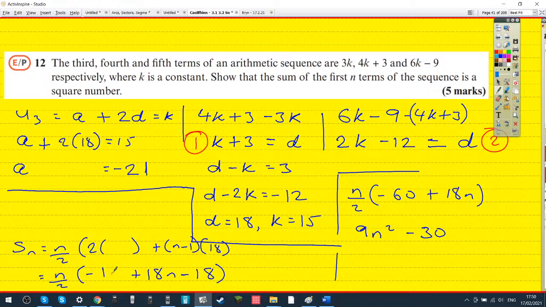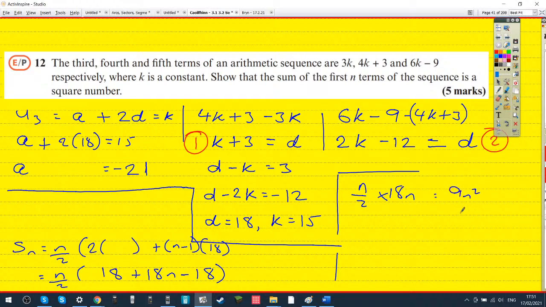Aha, what happens there? N. N over 2 times 18n. N times n? 9n squared.